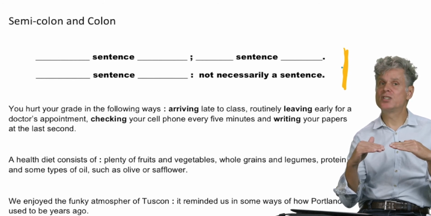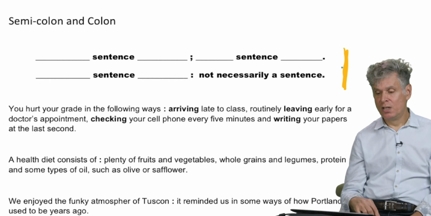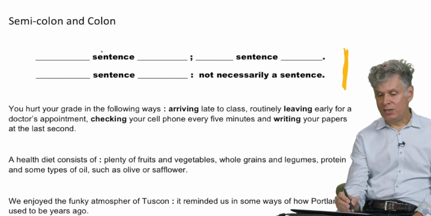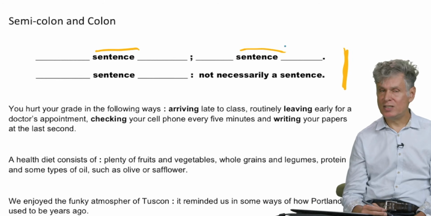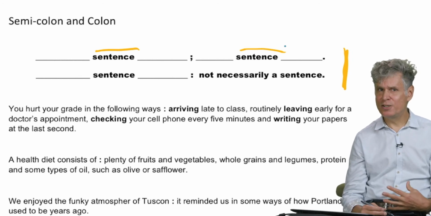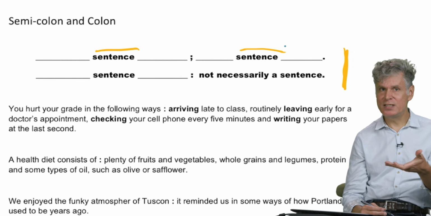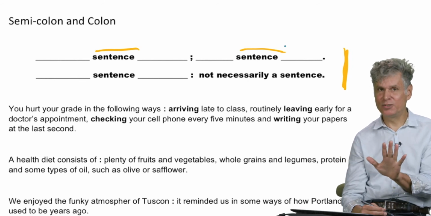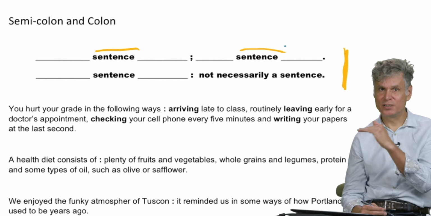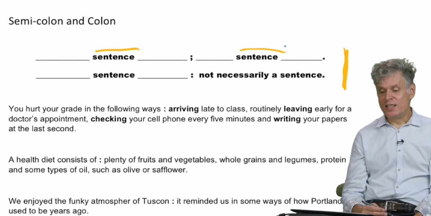You don't have to have a conjunctive adverb. But in that case, it is two sentences. Sometimes I have students, I don't know why you do this, you have a sentence and then a semicolon and then a fragment. That's weird. Don't do that. Sentence, semicolon, sentence.